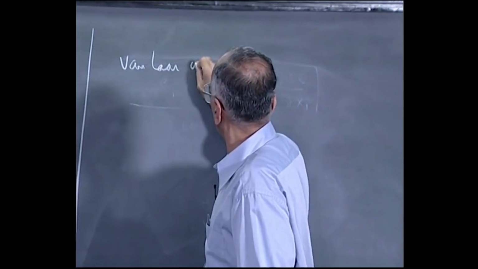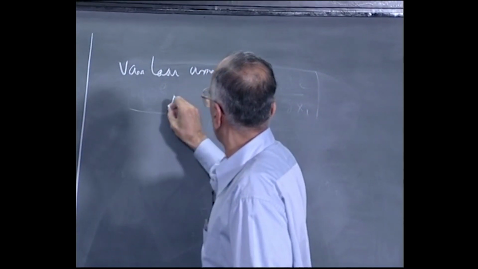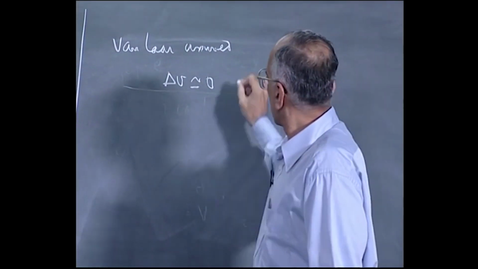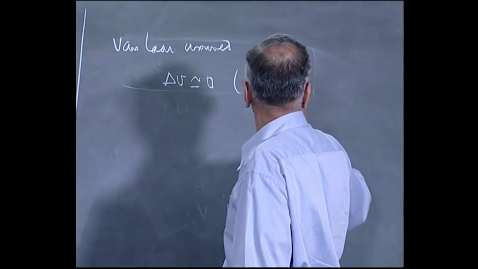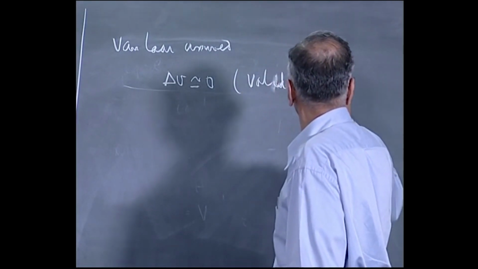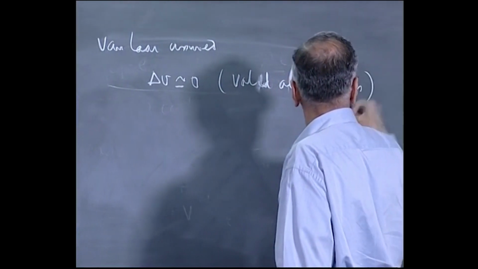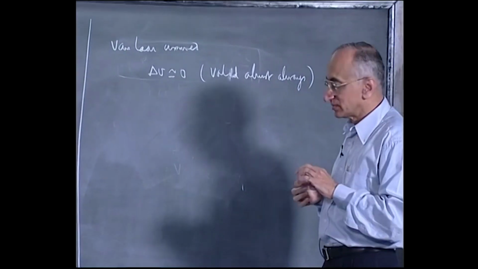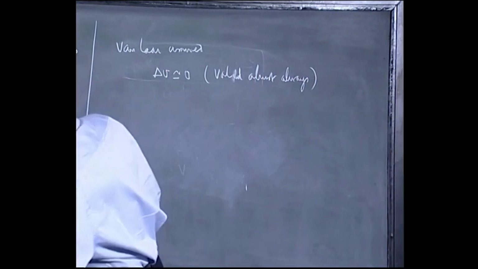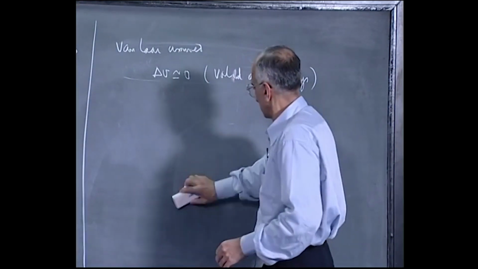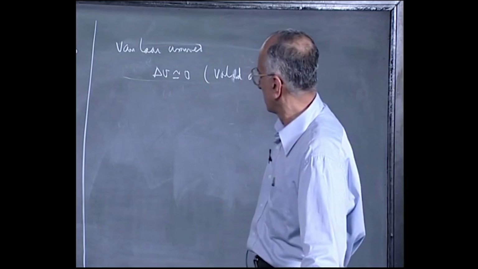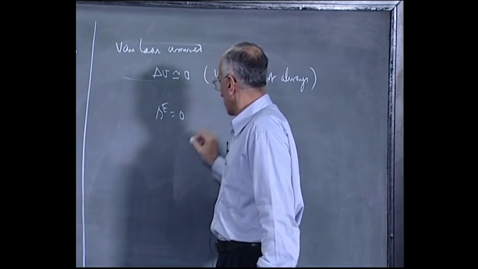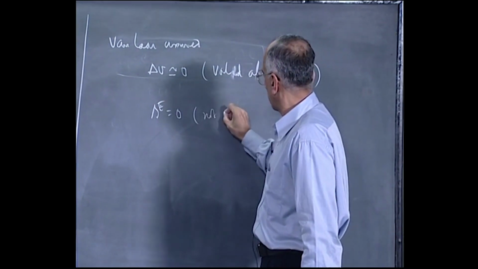Van Laar's assumptions are the following: assumed first that delta V is approximately 0, it is a very valid assumption. I will say valid almost always. And then he assumed S excess is equal to 0. This is not always valid.